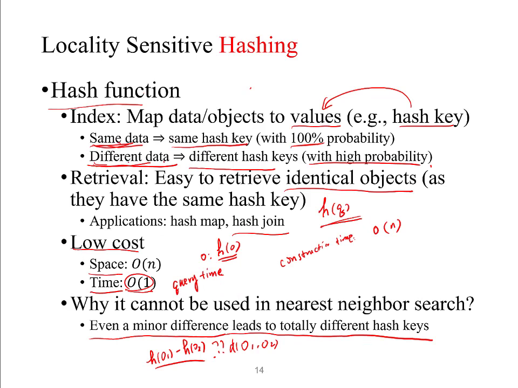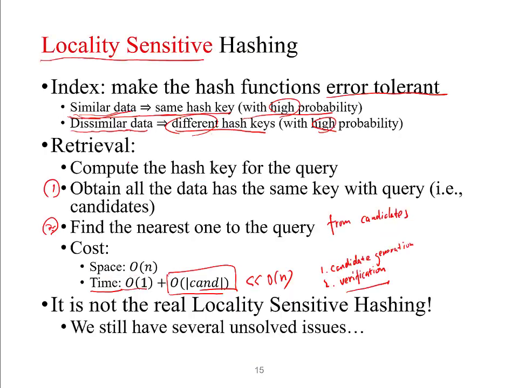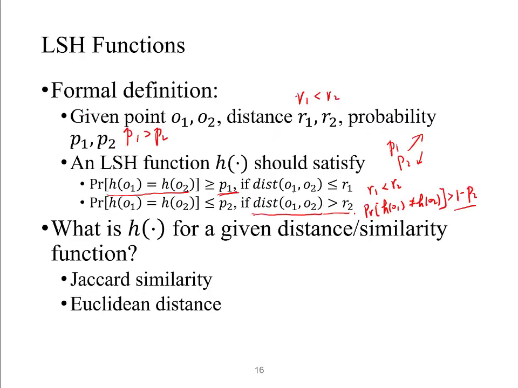We have same data and different data, how are we going to organize them? And for LSH, we have similar data and dissimilar data, right? And here we just give it a mathematical formulation. That's it. Now, the next question would naturally be, what is this H if we are given a fixed distance or similarity function?